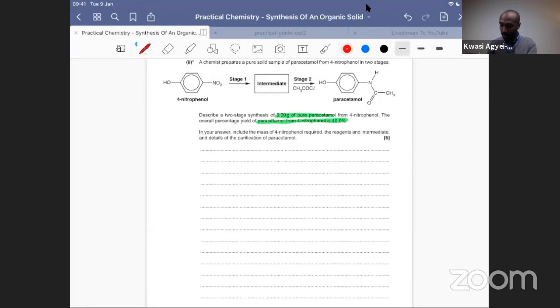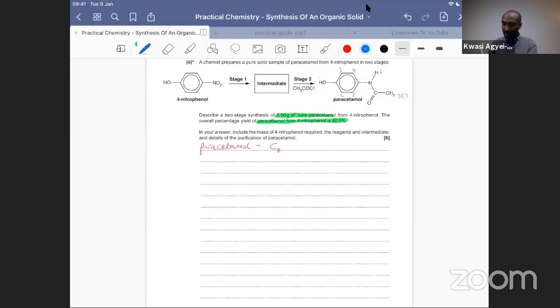There are 1, 2, 3, 4, 5, 6, 7, 8 carbons. So paracetamol's formula is C8. How many hydrogens? Let's make this a bit more systematic and use a different color. Starting with 1, then 2, 3, 4, 5, 6, plus another 3, so 7, 8, 9.